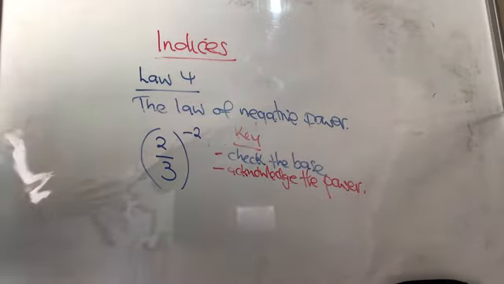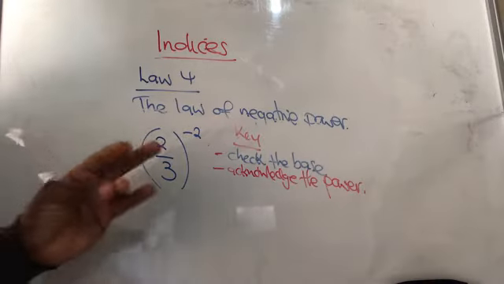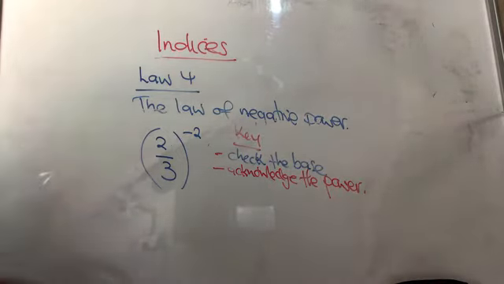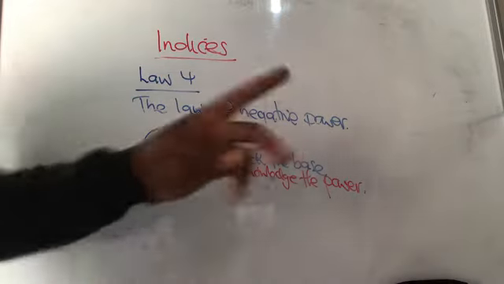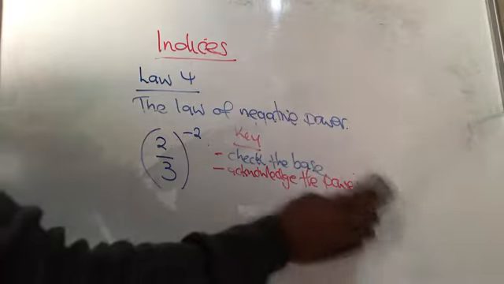Because remember, we said in Cambridge, the answers are on your fingertips. So if you can't get the answers from the fingertips, then in most cases you don't get it right. So the first thing, or the fingertip number 1, is for you to understand these 2 things. Check the base and acknowledge the power. Now, let's look into that.